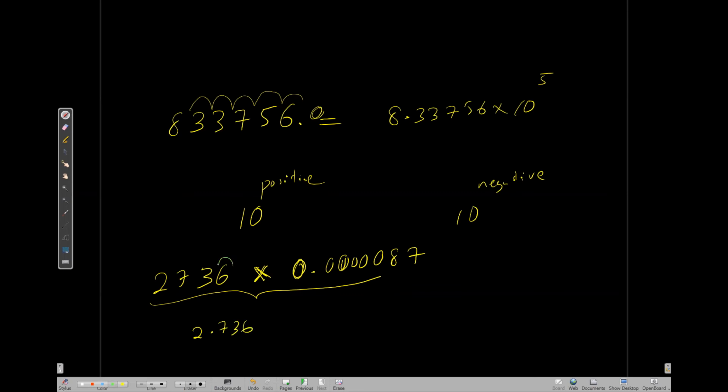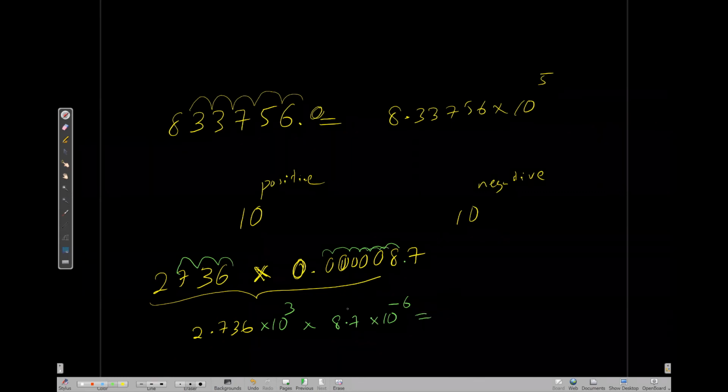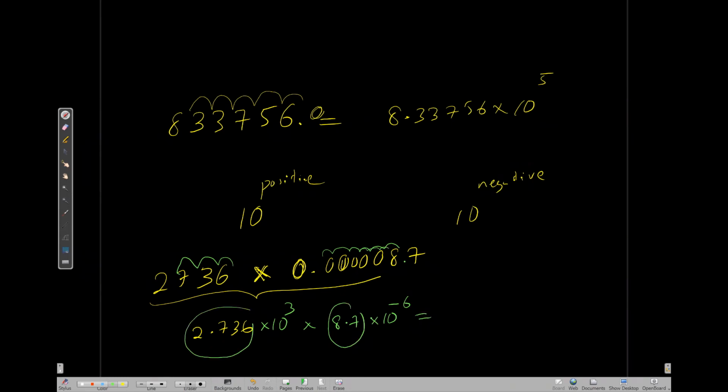Because 1 2 3 places, so 10 to the third, that's that number, multiplied by here 1 2 3 4 5 6, so 8.7 multiplied by 10 to the negative 6. Is that right? 1 2 3 4 5 6. Yes. Now all you need to do, multiply these two numbers, right? Using the calculator you can multiply those two numbers, you get some number, and 10 to the negative 3. Why? Because here negative 6, here 3, 10 to the negative 3.